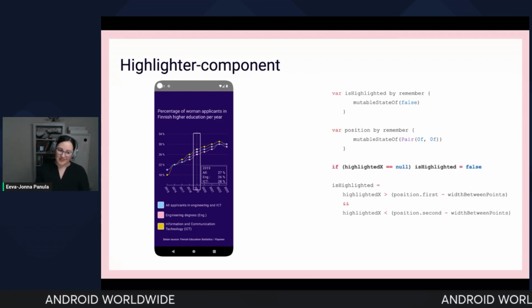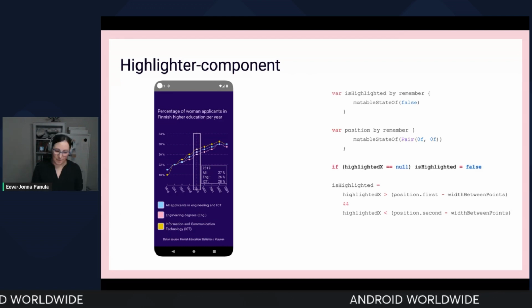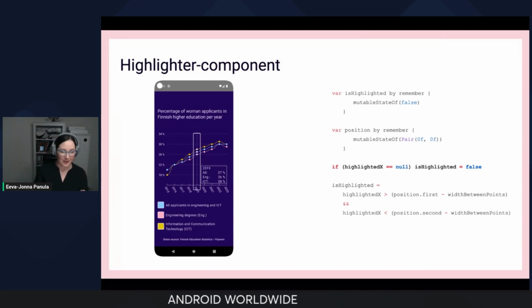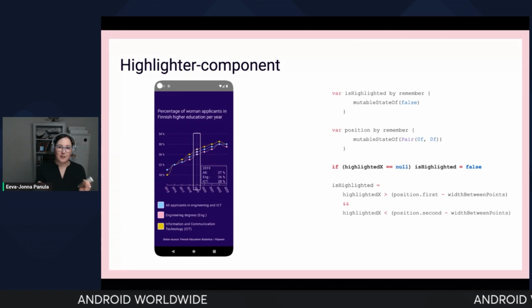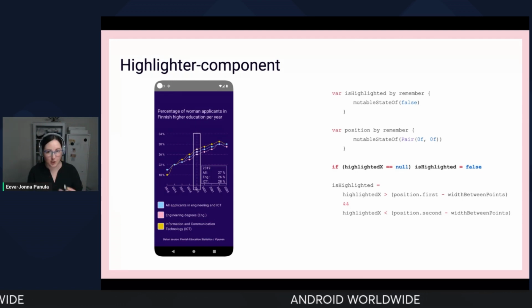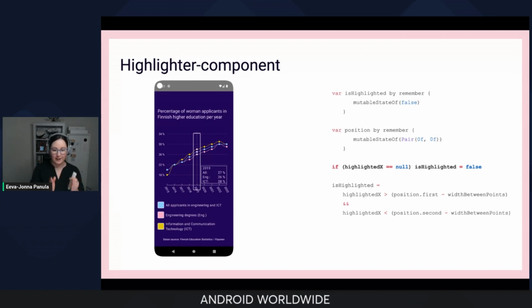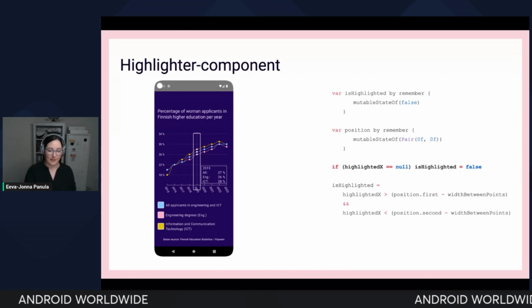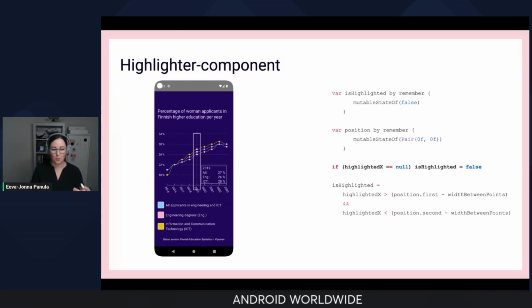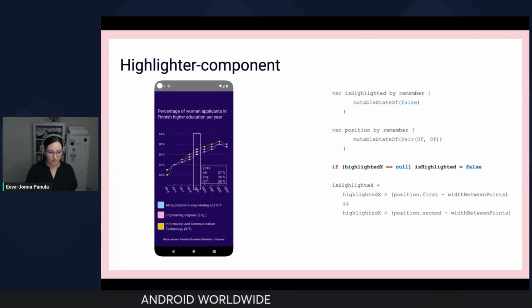All right. Next thing here is that we want to check if nothing is highlighted. So if there is no year that is highlighted, we can safely assume that this particular year is not highlighted. So we are checking if highlighted X is null. And then if it is, then we are setting this is highlighted that we just defined to false.